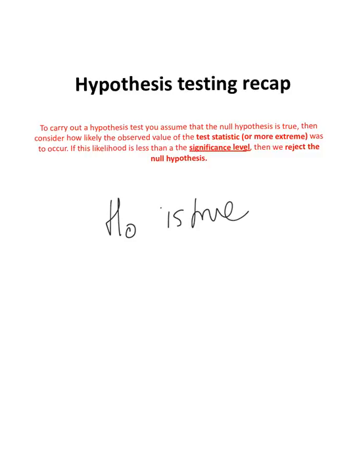If this likelihood is less than the significance level, then we reject the null hypothesis. So if we're testing at the 5% level and the probability of it happening is less than 5%, we reject the null hypothesis. If it's greater than 5%, then we accept the null hypothesis.